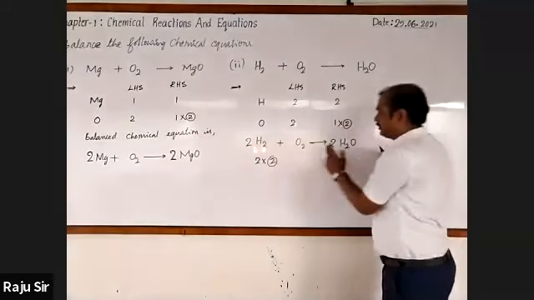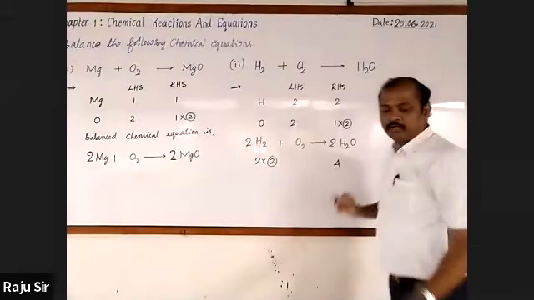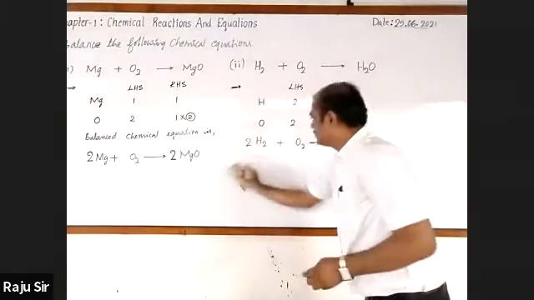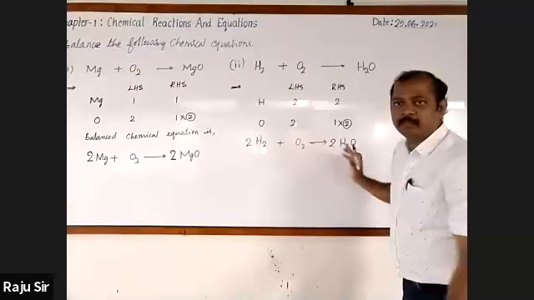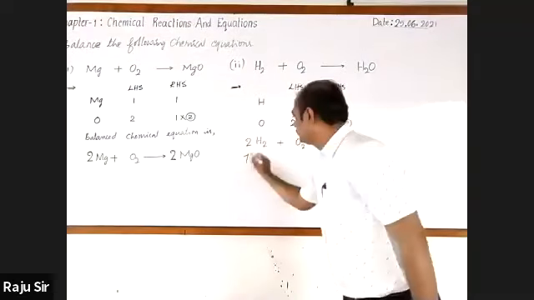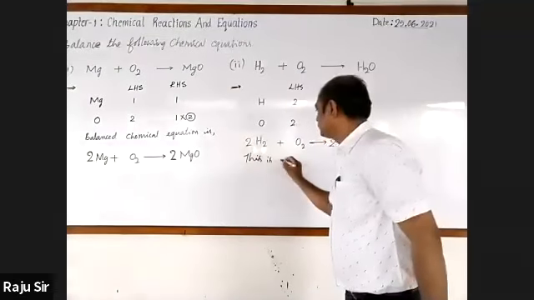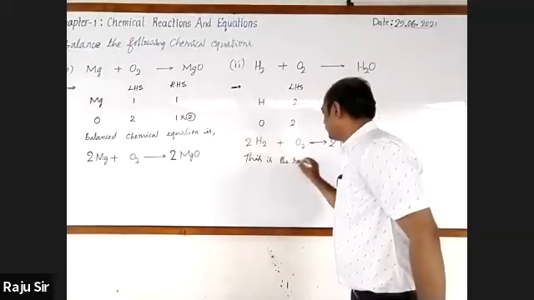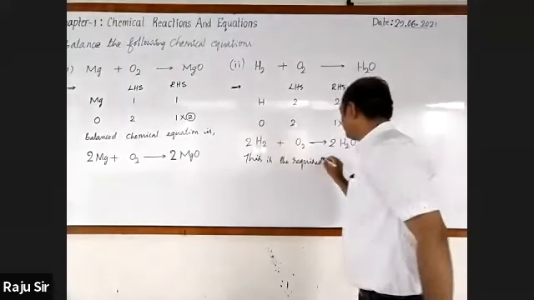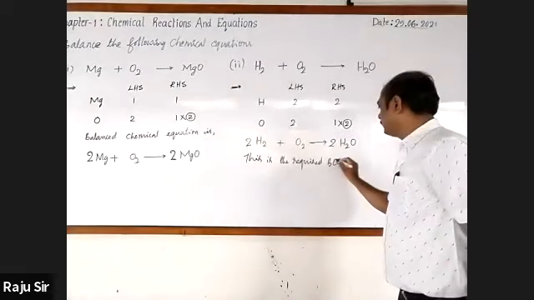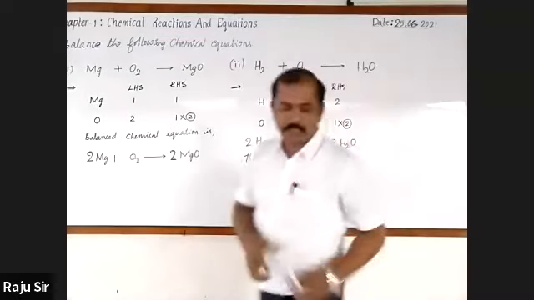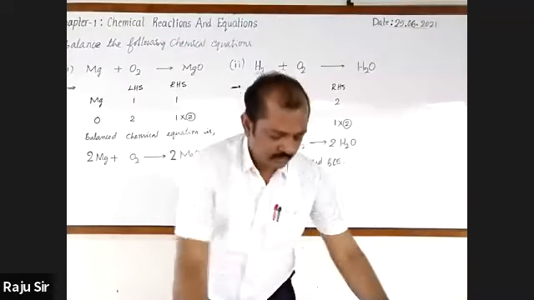Now 4 atoms of hydrogen here, 4 atoms of hydrogen there. So this is the required balanced chemical equation.